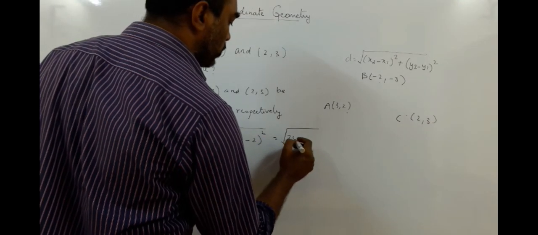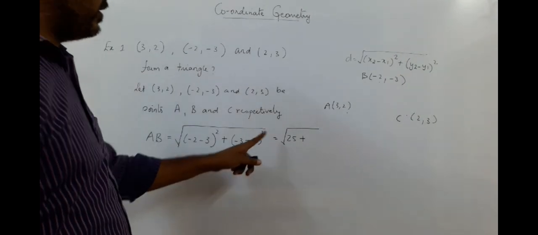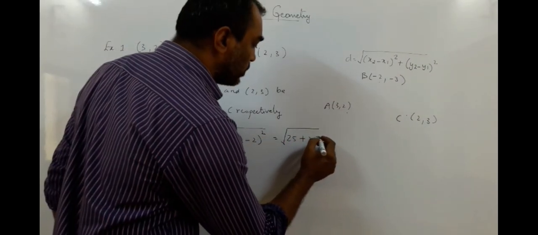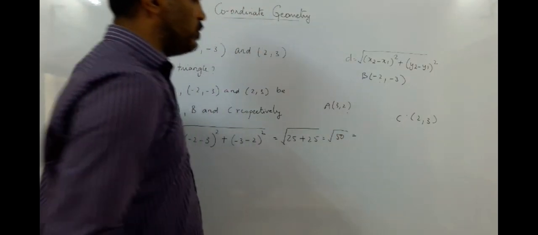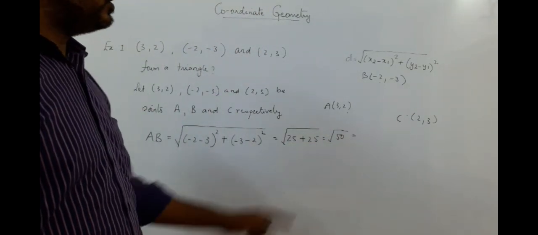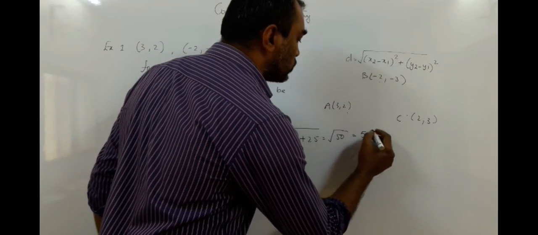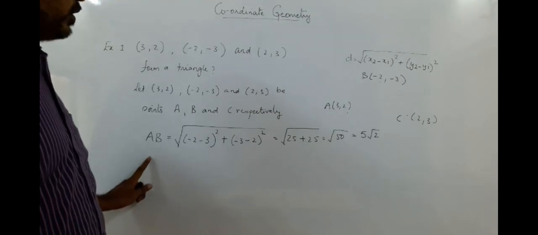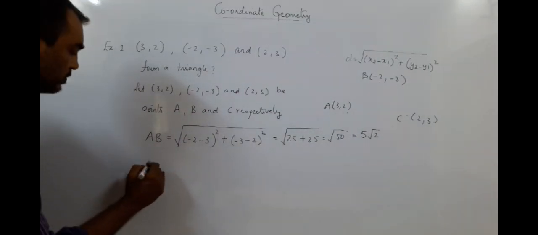So I get 25, plus minus 3 minus 2 is minus 5. Whole square is 25. So I get root 50. Now I told you the simplified version. How to write root 50? So 25 2s are 50. Square root of 25 is 5. So 5 root 2. So AB I got 5 root 2 units. Then I'll find BC.